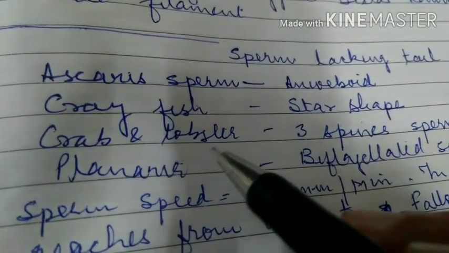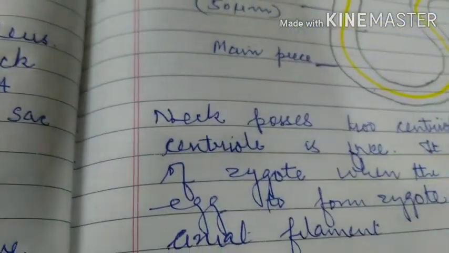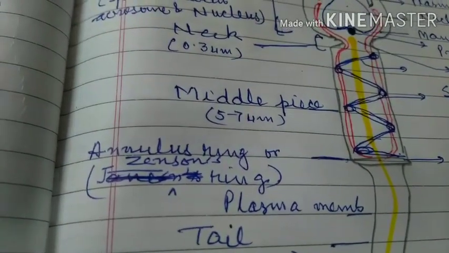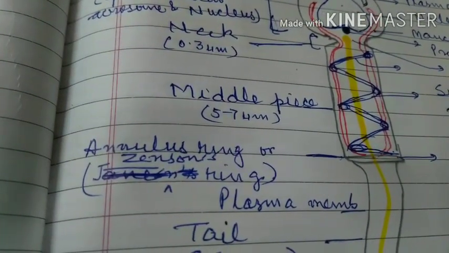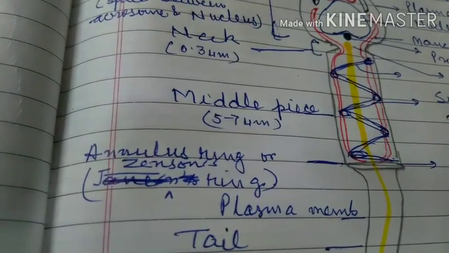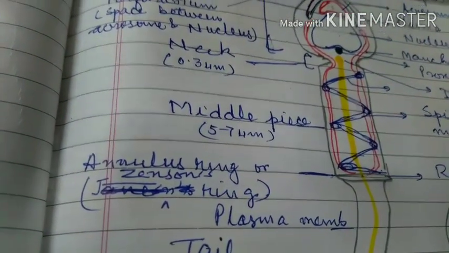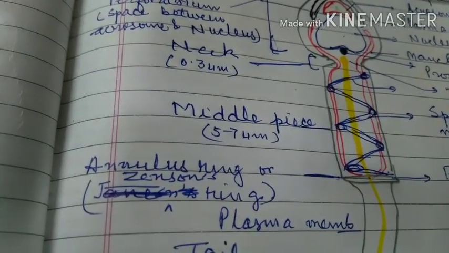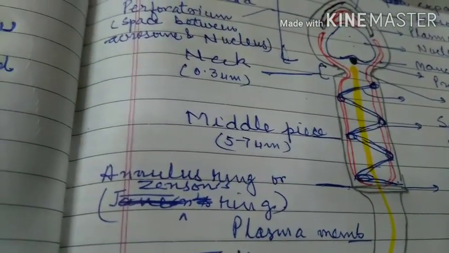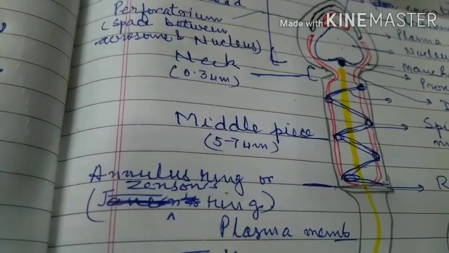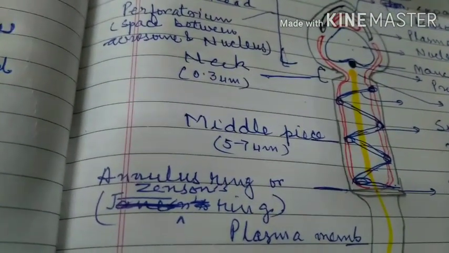Then crab and lobster sperm have three spines. In semen, as I told you in a previous lecture, 1 ml of semen has around 100 million sperms, and the male ejaculate is around 2 to 3 ml of semen, of which only 10% is sperm. So 2 to 3 ml contain 200 to 300 million sperms.